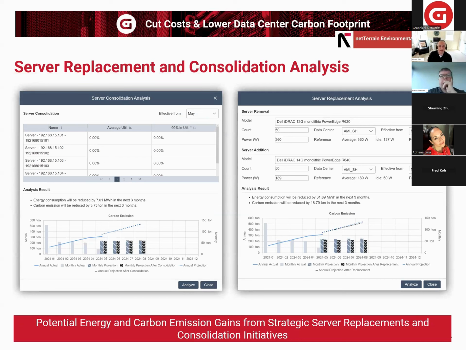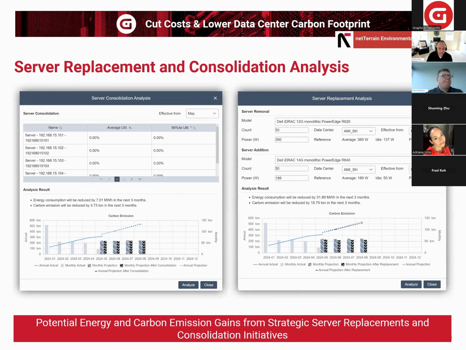And another use case that comes out of this is being able to perform what we call server what-if analysis. So for server consolidation, we talked about that recently, but we can go a step further and model, if we take down these servers, how much power savings and energy savings we can make over the next 3 months, and how much carbon emissions that would save.